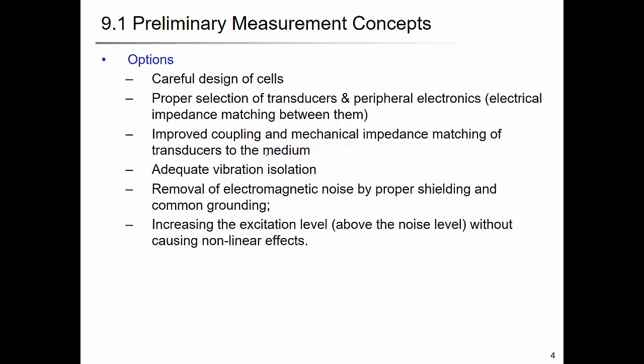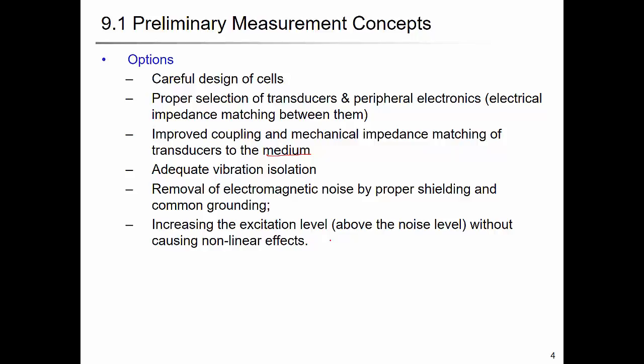Here the medium will be the object of the measurement. Could be soil and rock. And adequate vibration isolation, removal of the electromagnetic noise, and increasing the excitation level. There could always be an ambient noise level. So if you increase the source excitation level, then your received signal will be much clearer, so that you're increasing the signal to noise ratio.